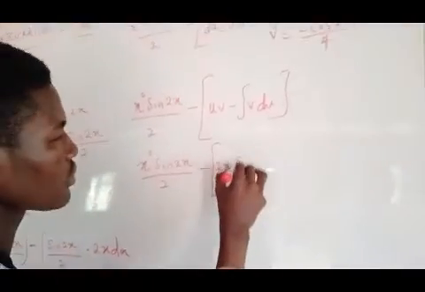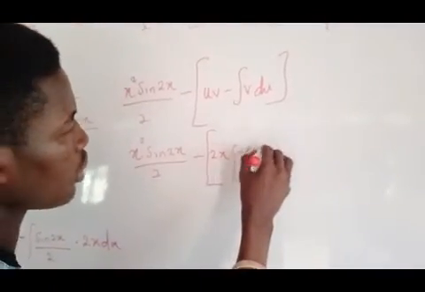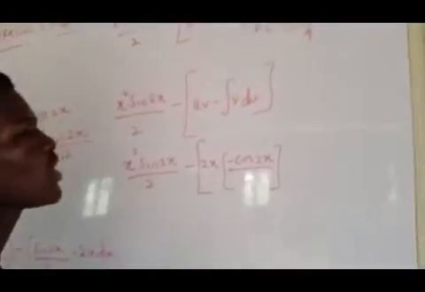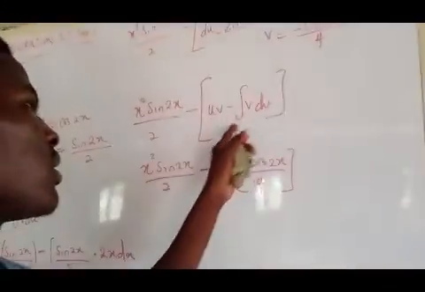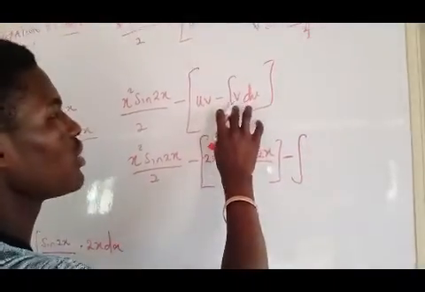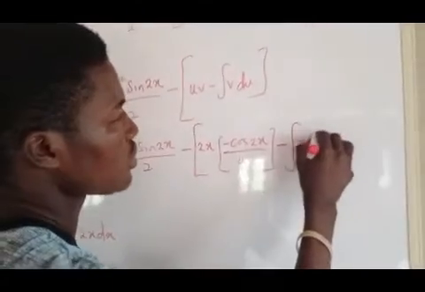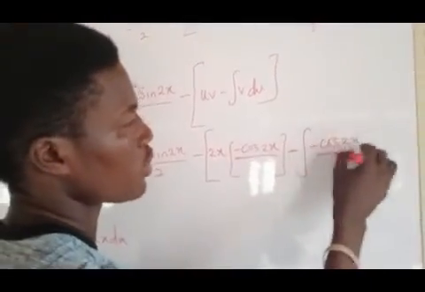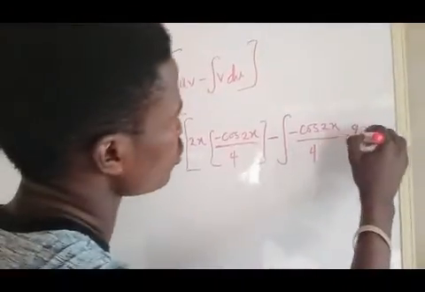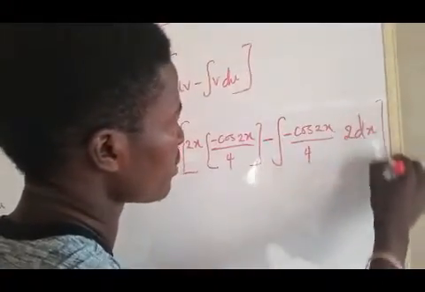What's your v? Minus cos 2x over 4. Your v is still minus cos 2x over 4. And what is your du? Your du is 2 dx.